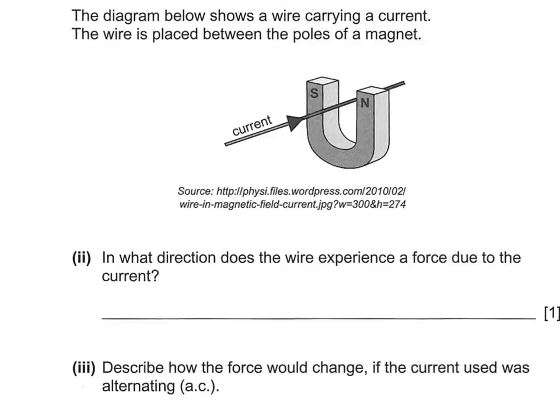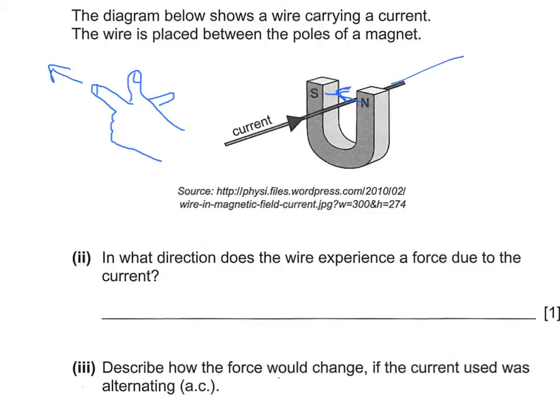The diagram below shows a wire carrying a current. The wire is placed between the poles of a magnet. In what direction does the wire experience a force due to the current? Okay, so my awful drawing of a left hand in the correct position here hopefully is showing us what we need to know. The field is going straight across like that, so we've got our field finger pointing straight across. Remember, field flows from north to south, so it is going across that way.